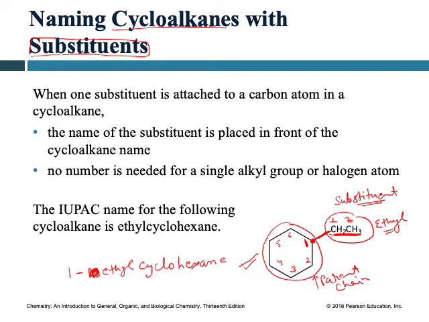Or you don't need to write 1, because if you don't write anything, we are assuming this is on the first carbon. So it's up to you whether you write 1, or if you don't want to write 1 it is also okay. So the name will be ethyl cyclohexane. So let's try to solve a couple of problems on this.